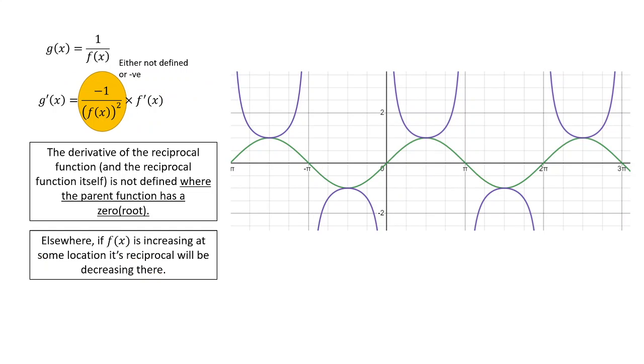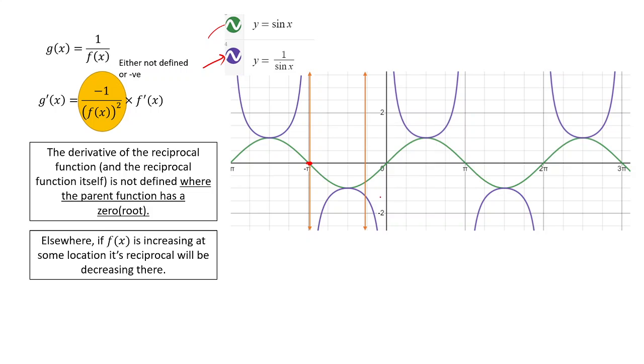So you can see all these things happening in the sin x and cosec x graph. The green graph is of sin x, and the blue one is of cosec x, 1 by sin x. So you have this point here where sin x has a 0 at minus pi. So cosec x is not defined at this location.